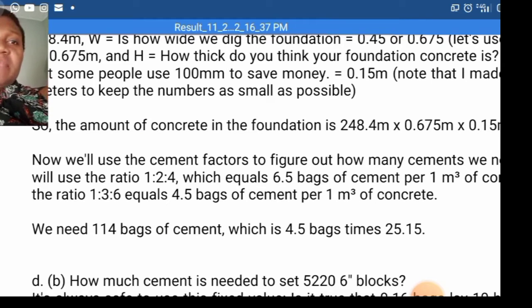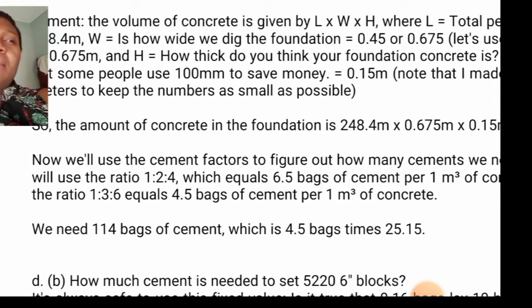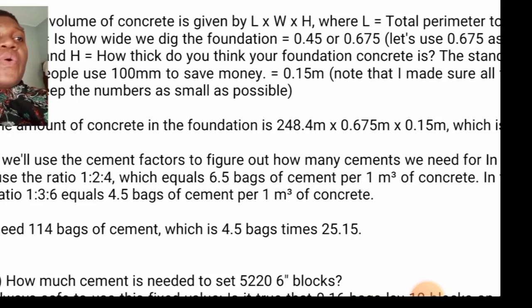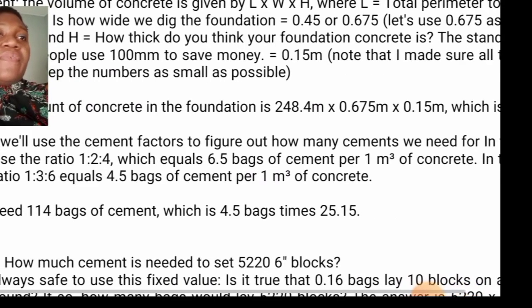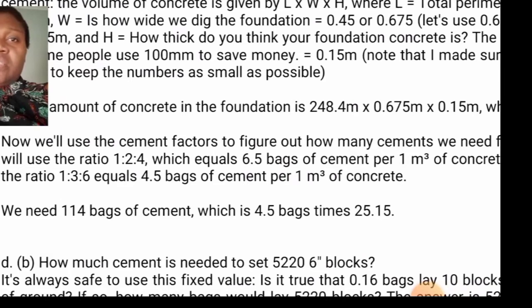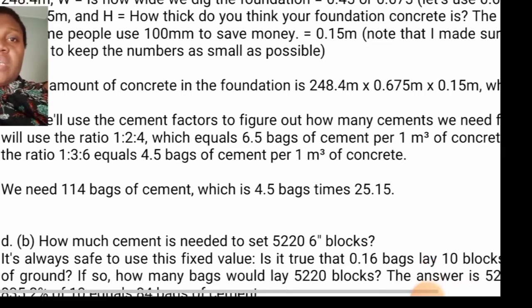Now we will use the cement factor to figure out how much cement we need in this lesson. We will use the ratio 1:2:4, which equals 6.5 bags of cement per 1 meter cube of concrete. In the foundation, the ratio is 1:3:6, which is 4.5 bags of cement per 1 meter cube of concrete.